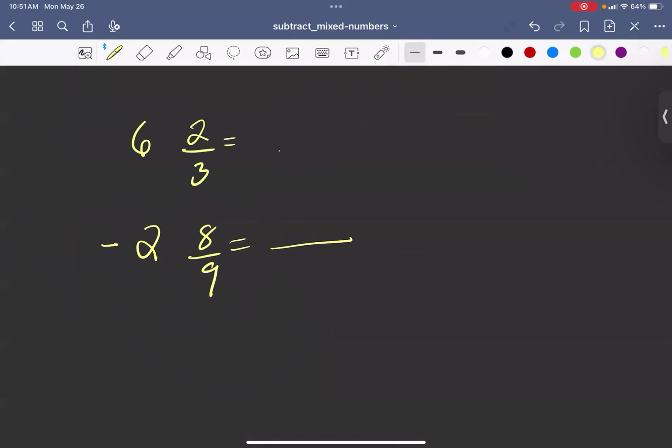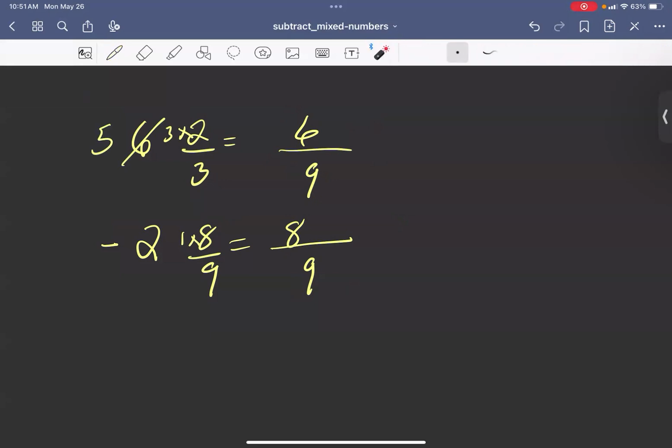So the least common multiple is going to be 9. 9 divided by 9 is 1. 1 times 8 is 8. 9 divided by 3 is 3. 3 times 2 is 6. I have the same problem. So I'm going to borrow 1 from the whole number 6 and make it a 5 and bring that whole number over to here and add it.